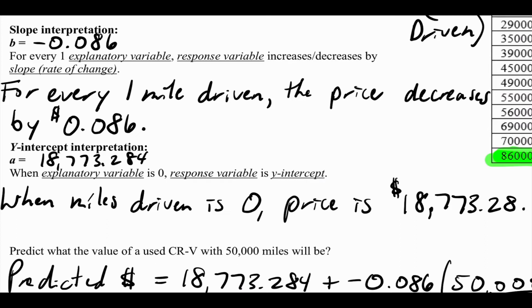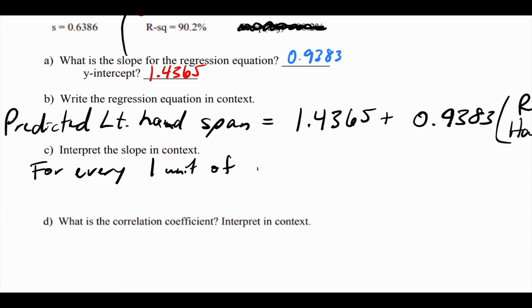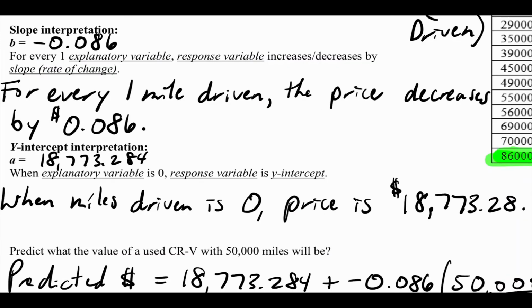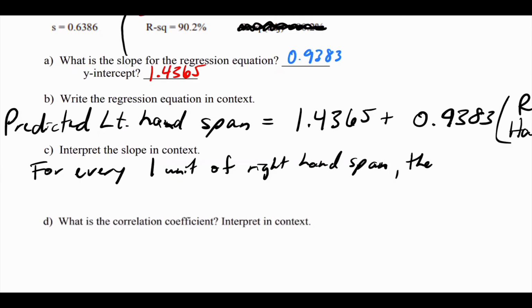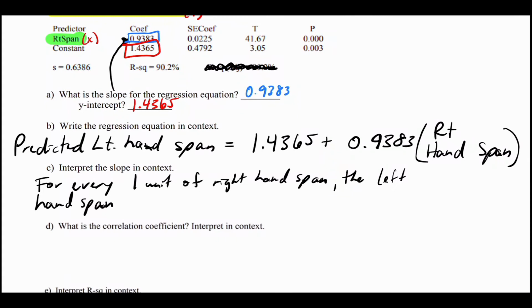The explanatory variable, again, for this one is right hand span, comma, the response variable, which is the left hand span. Increases or decreases? Well, our slope is positive. So we're going to say increases.